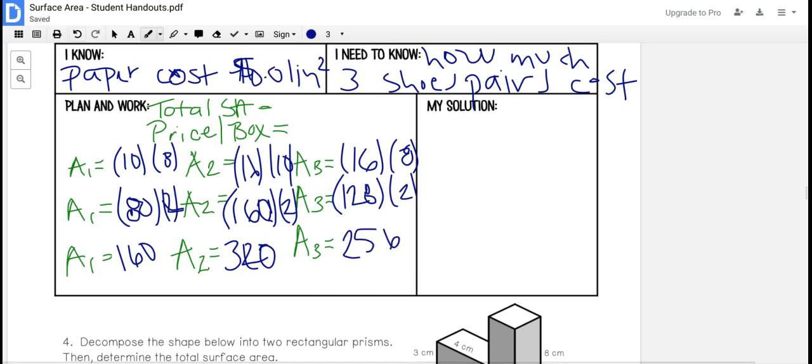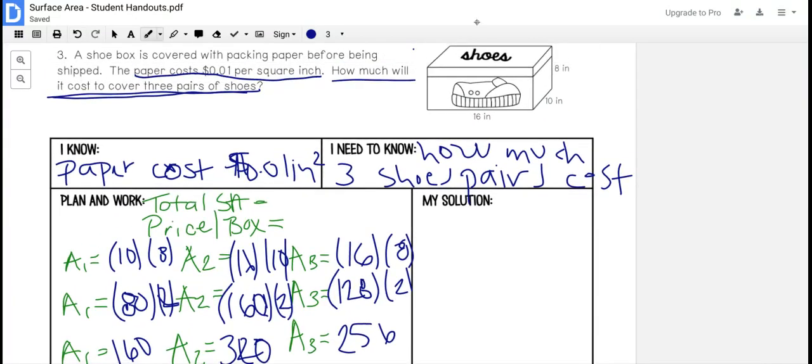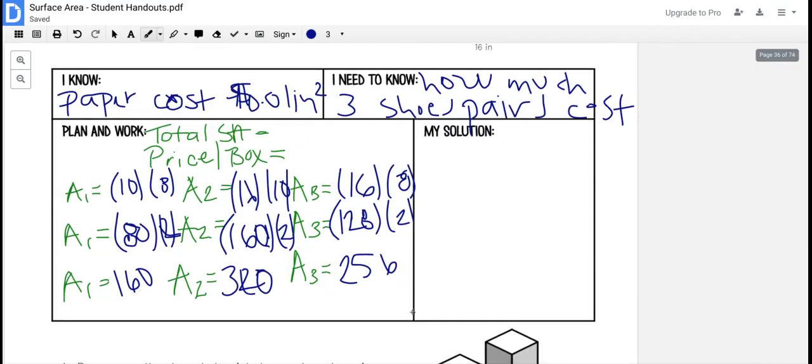So we know how to calculate total surface area now that we broke down this shoebox into 3 separate areas. So the way you calculate total surface area is we just add the 3 together. So we'll do 160 plus 320 plus 256.